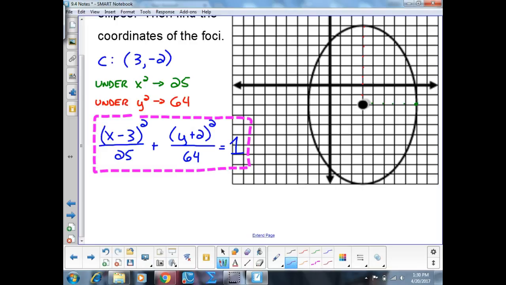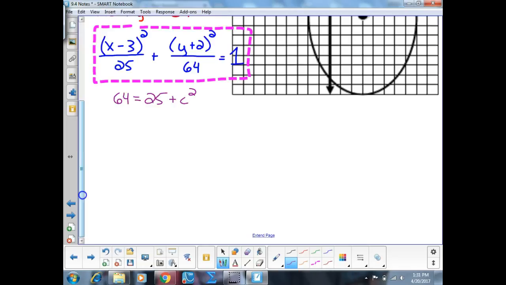A squared is 64. B squared is 25. C squared we don't know. C squared is 39. So that means C is square root of 39. Okay.